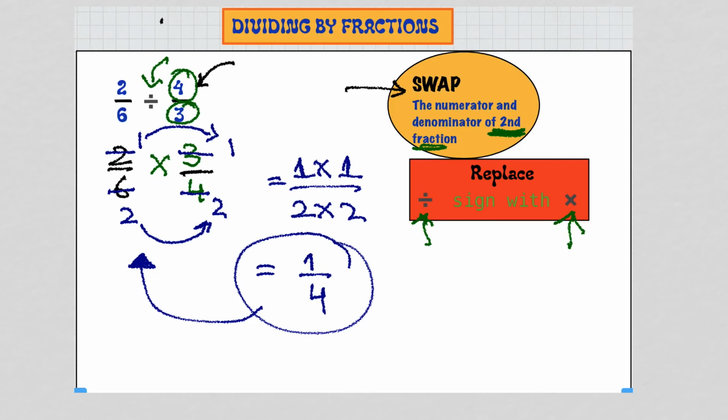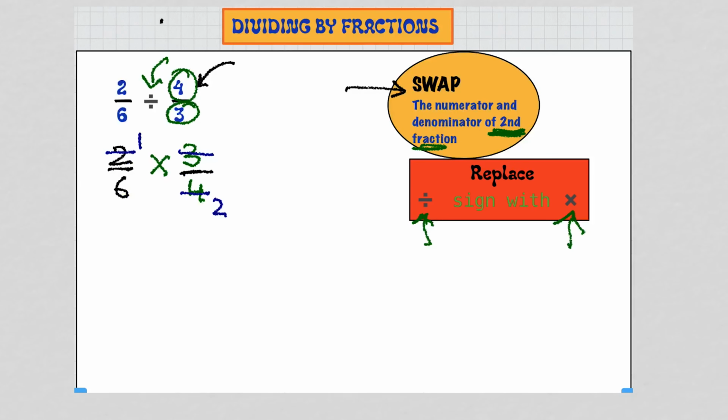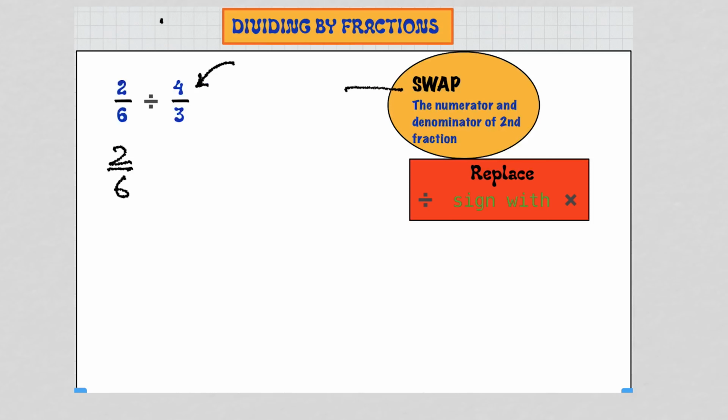So let me tell you quickly one last time how to do division of fractions. What you do is simply start with swap the numerator and denominator of the second fraction.